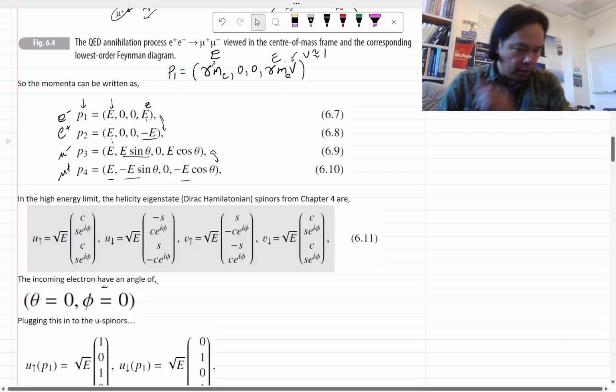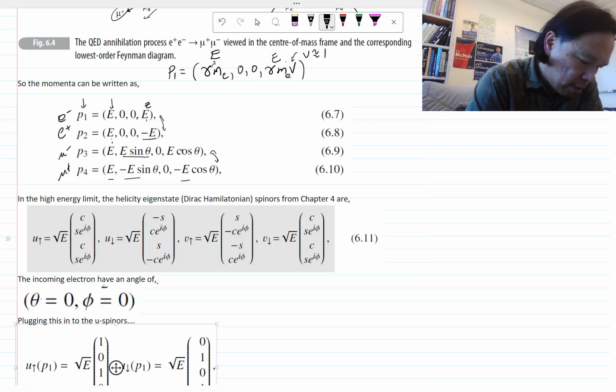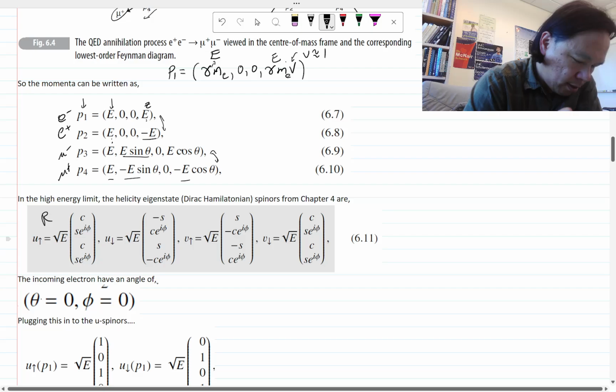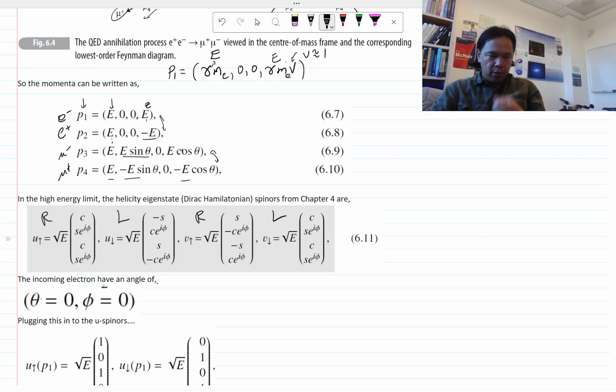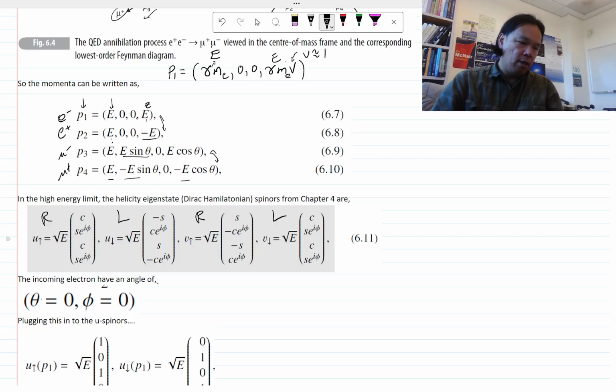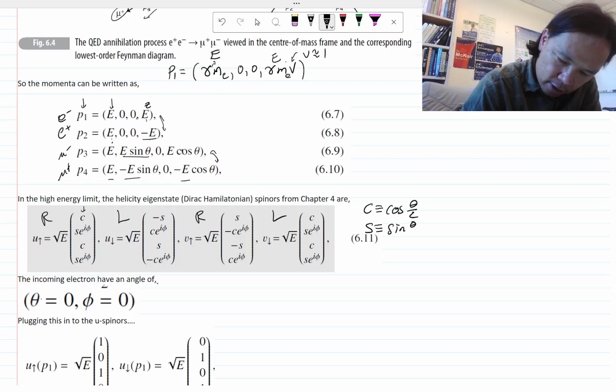All right. So in this high energy limit, we found from chapter 4 that the right-handed helicity and the left-handed helicity for the particles, and right-handed helicity and left-handed helicity for the antiparticles, can be described by just these, the simpler version of the equation, where the book shorthanded this, and where C is actually cosine of theta over 2, and S is sine of theta over 2.